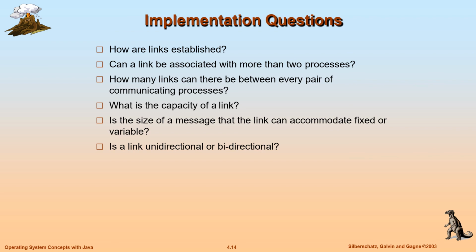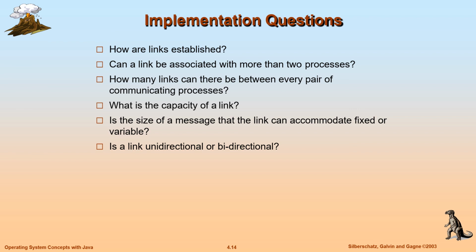Generally, a link is associated with two processes, from sender to receiver. How many links can there be between every pair of communicating processes? Generally we use one link.